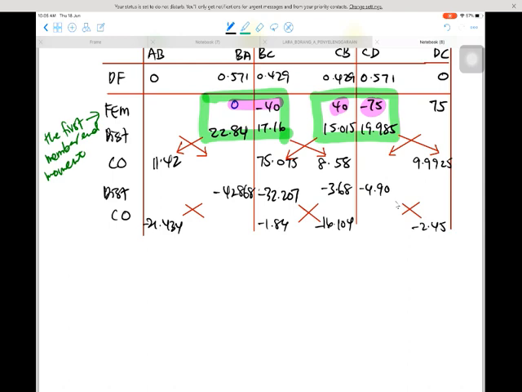Okay, so now we have done two cycles. Remember we cannot stop right now because we have to repeat the process until the last distribution reaches 0 values. We have to repeat this process again and again.